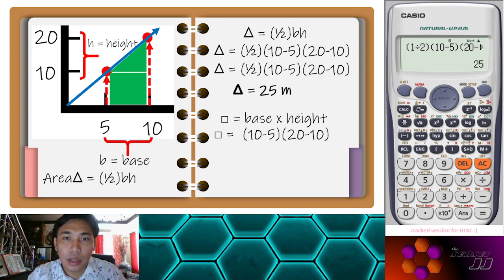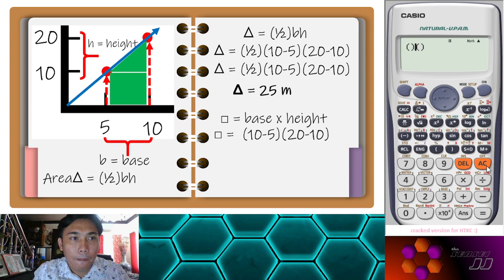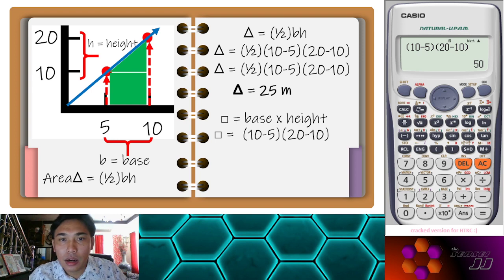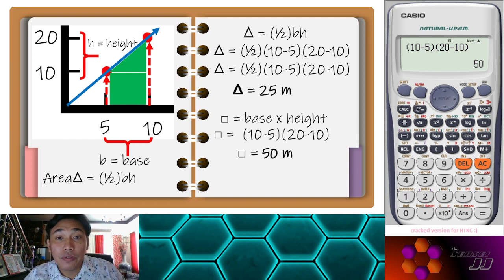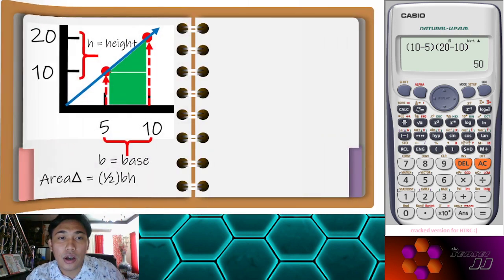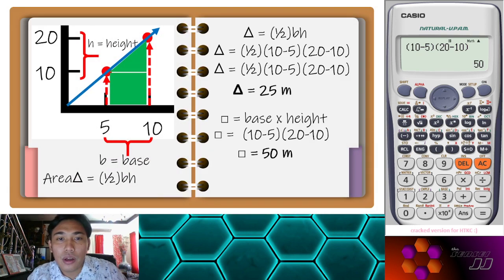We have the base times the height, 10 minus 5 and 20 minus 10. So we get the value of our rectangle, which is 50 meters.